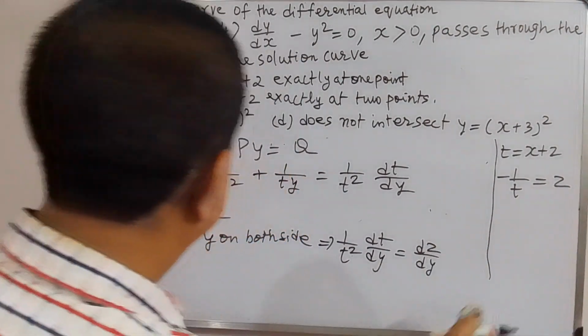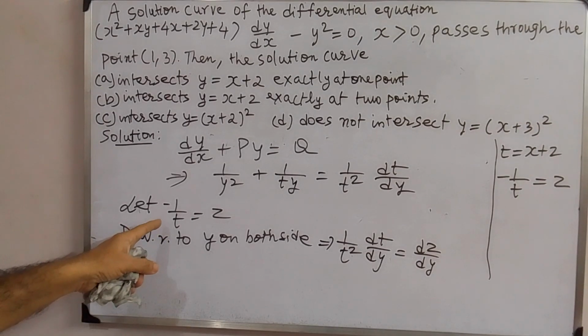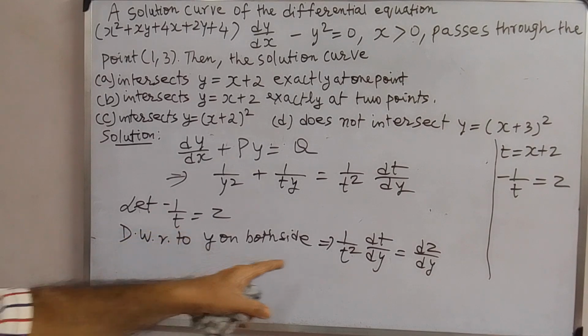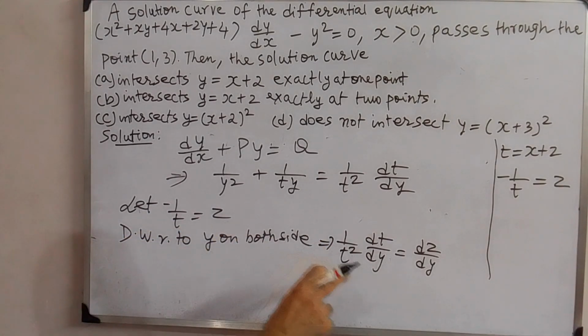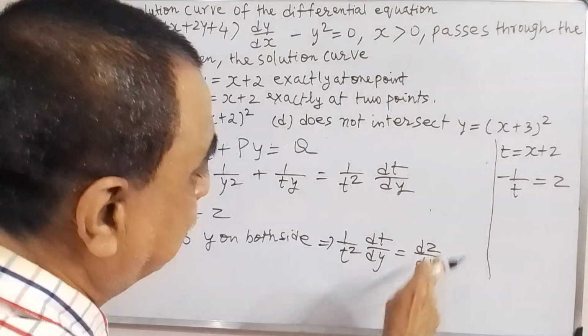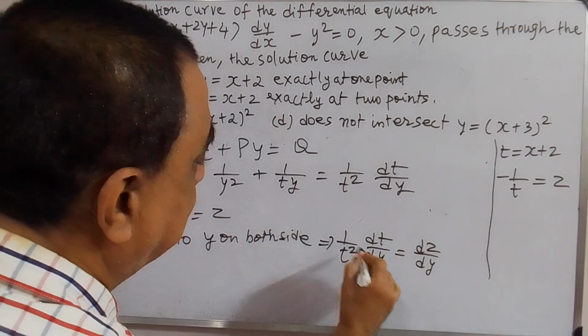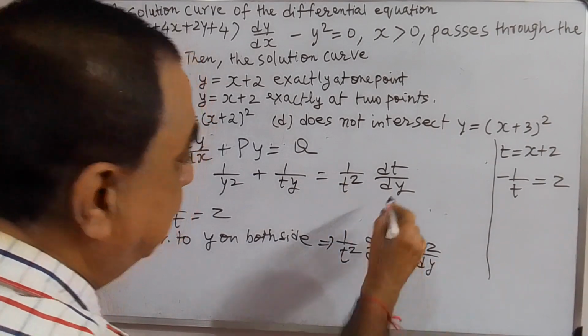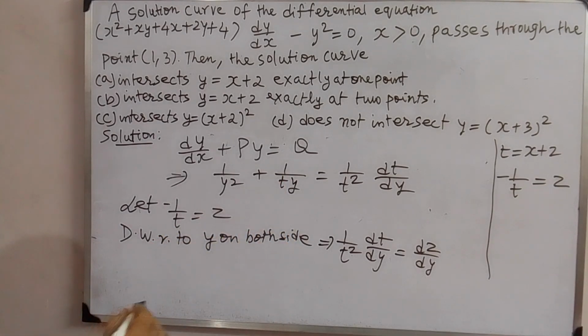So the differential coefficient of minus 1 by t is 1 by t squared, so 1 by t squared dt by dy equals dz by dy. In place of 1 by t squared dt by dy I will put dz by dy, and 1 by t I am putting as minus z.